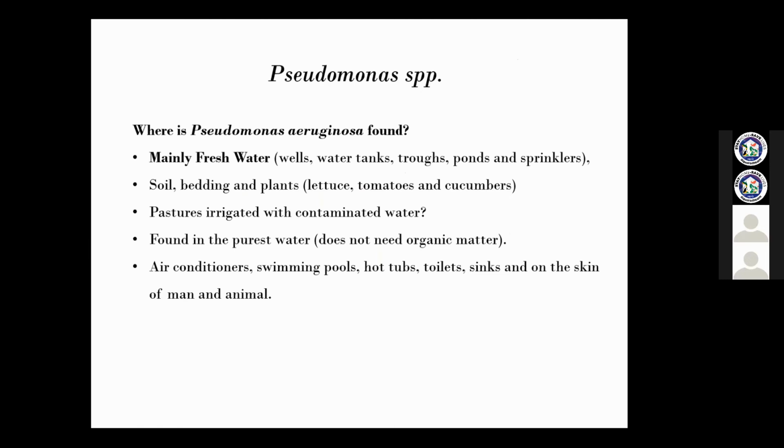Now I've just thrown in one or two other bacteria. If we think about Pseudomonas, we mainly think about fresh water. I've encountered Pseudomonas outbreaks, I think in my whole career I've seen 4 or 5 of them. But the thing is, the moment you find this outbreak in udder health problems in a herd, it's a major catastrophe.